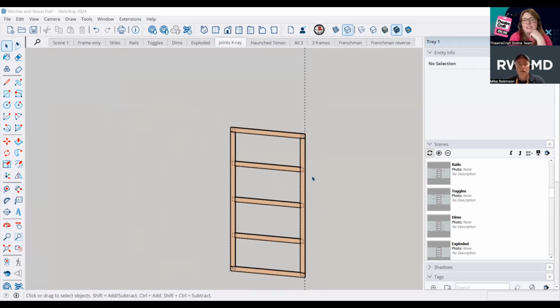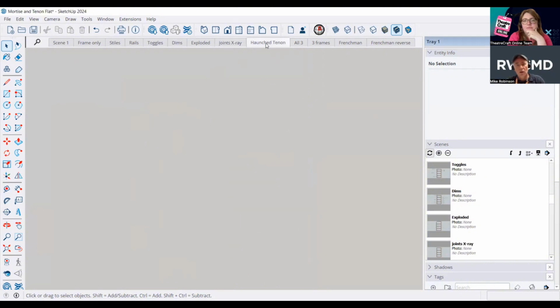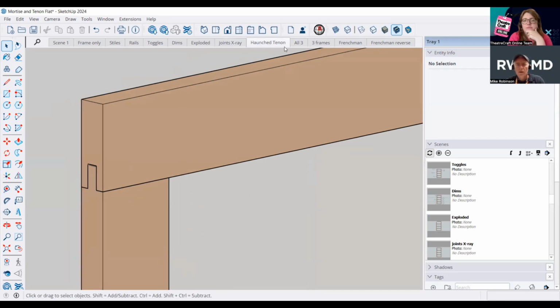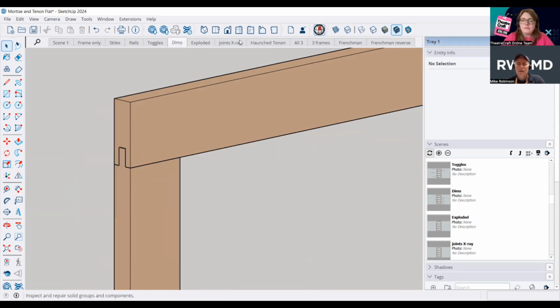I'm just very quickly going to show you the alternative, which is a haunch tenon. You can see here it's almost half blind. So instead of cutting it all the way out, you have a little bit more of a tenon, a little bit more mortise.